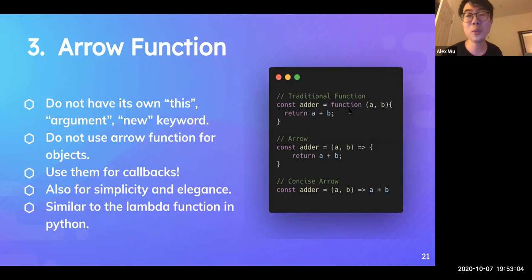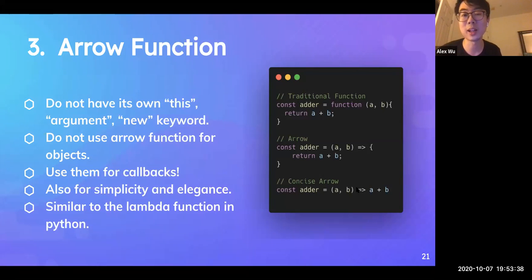It's a little bit more concise, but it can be much more concise when there are no side effects triggered during the arrow function, for example console.log. If there's only one return statement, you can omit the return statement, also omit the curly brackets, and just put a plus b right after the arrow.